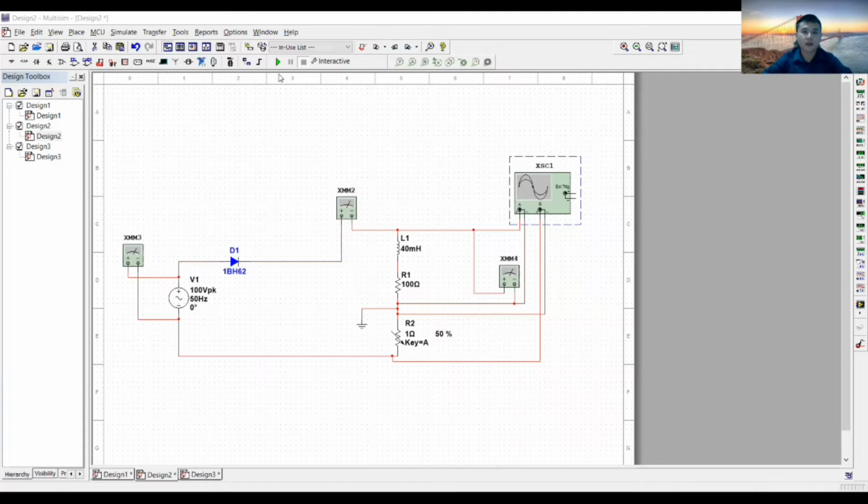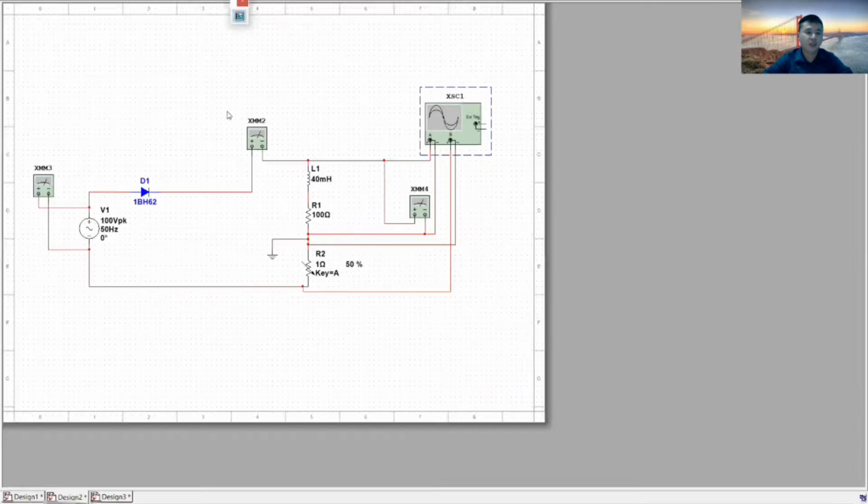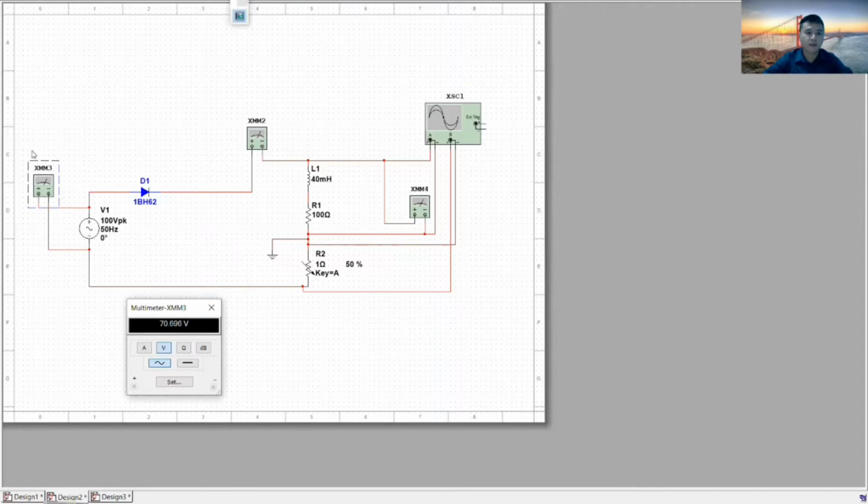Okay, first of all, let me show you the first activity, which is only one diode, one rectifier, and let's see the outcome. This is the input voltage. From here, we only obtain 70 volt.